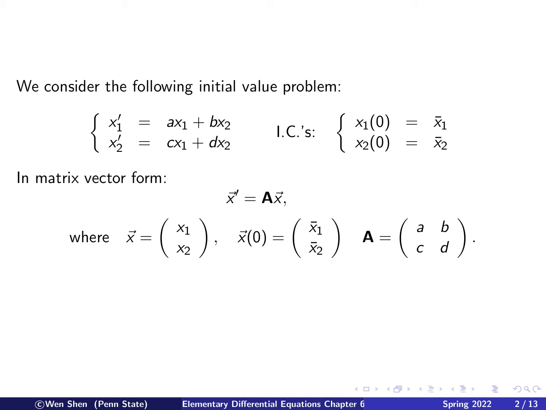And it's convenient to write this into a matrix vector form as follows. X vector prime equals A matrix times X vector.